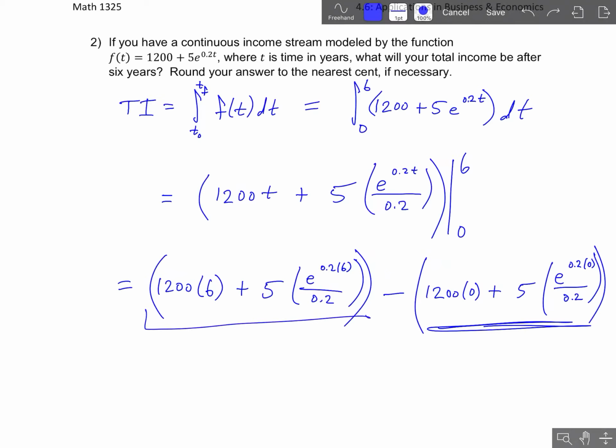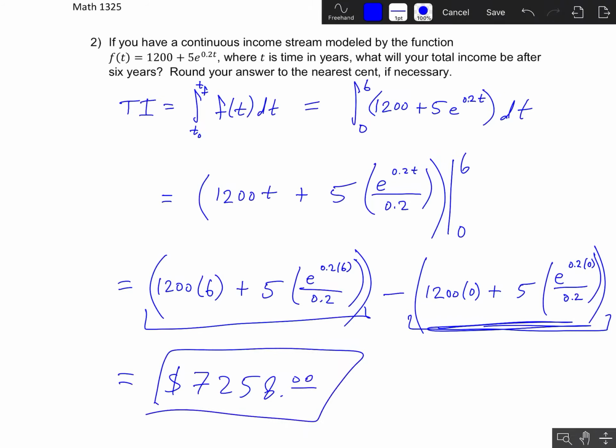So we'll have the entire evaluation at 6 minus the entire evaluation at 0. If you plug that into your calculator, what you'll end up getting is 7258 even. So this would be the total income from that particular income stream over the course of 6 years.